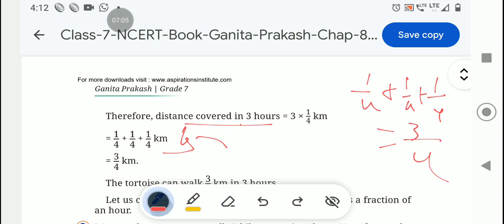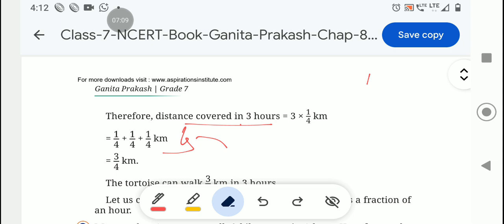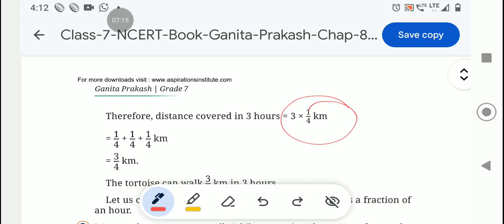After doing the multiplication, if you still have doubt, you can use this addition to verify the answer.